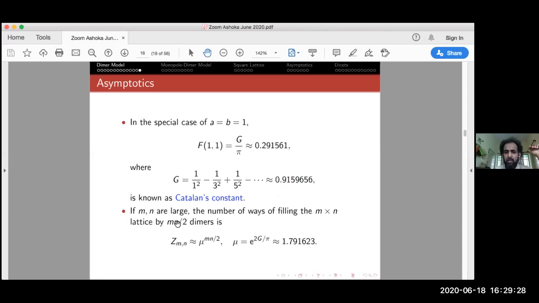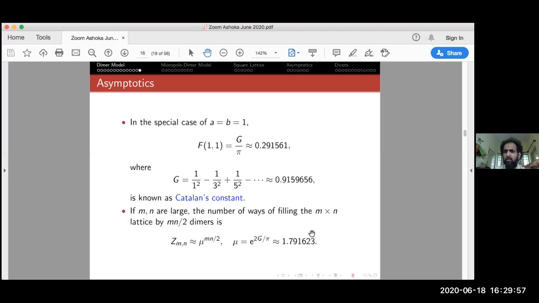Since there are mn by 2 dimers, if you call this degree of freedom mu, then you write it as mu to the mn by 2, and then mu is exactly e to the 2G over pi. So this gives you an explicit quantity for the degree of freedom for the square lattice. Okay, so this is what I wanted to say about this dimer model.